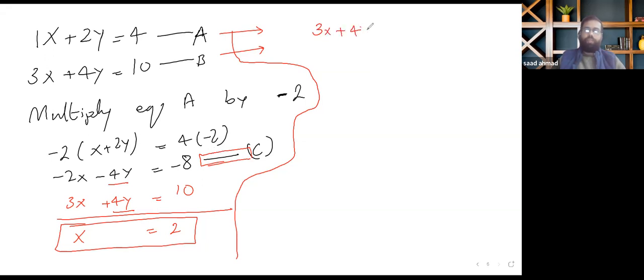3x plus 4y equals 10. Now our x is equal to 2. So 3 times 2 plus 4y equals 10. 3 times 2 is 6, plus 4y equals 10.